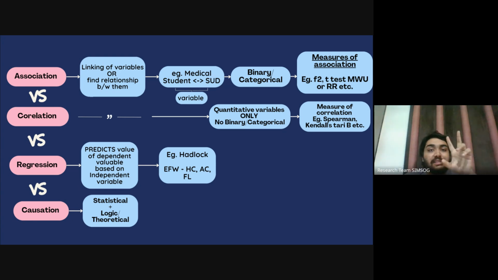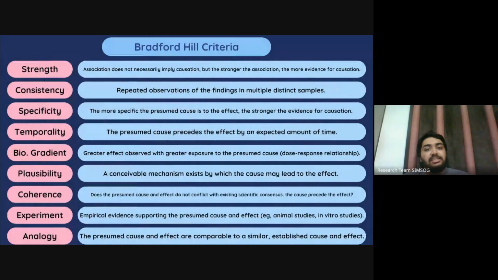What do I mean by these things? These are essentially the Bradford Hill criteria. These are a set of nine. He called those opinions, or viewpoints, but later on they became known as the Bradford Hill criteria.